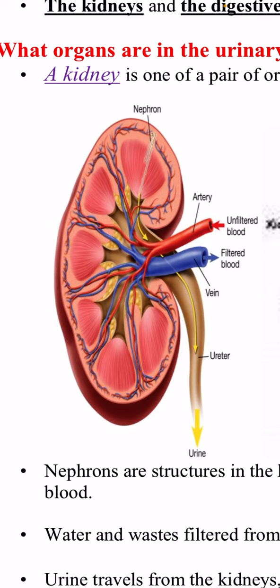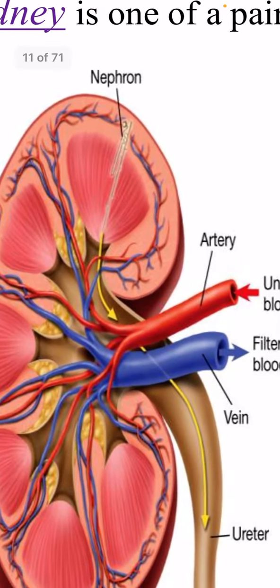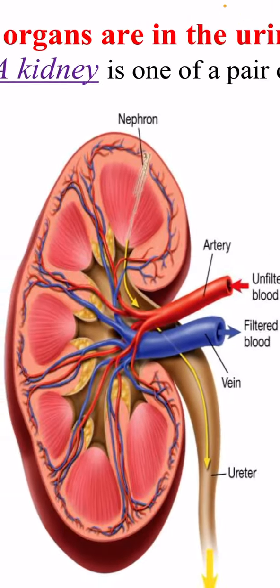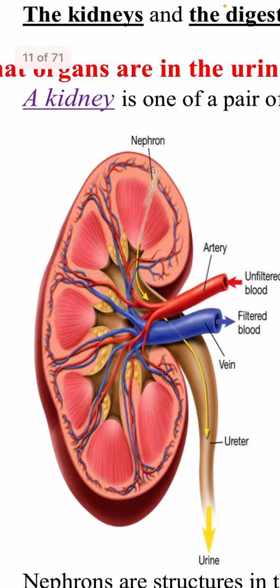So the artery will take the unfiltered blood inside the kidney to be filtered, and the blood will go to the nephron, which has a network-like structure to make filtration for the blood. So the unfiltered blood will go through the nephron to be filtered totally, and after filtration, all the excessive waste and water will go through a tube that leads to the ureter.